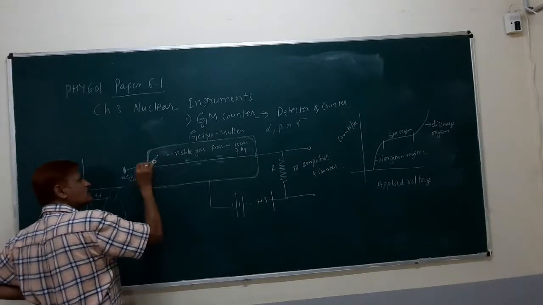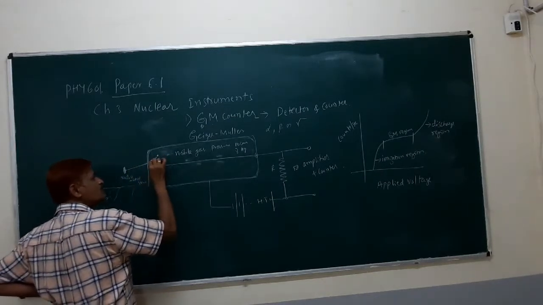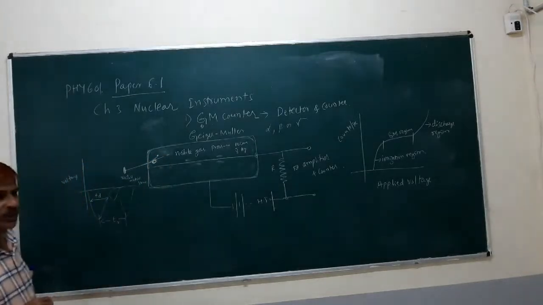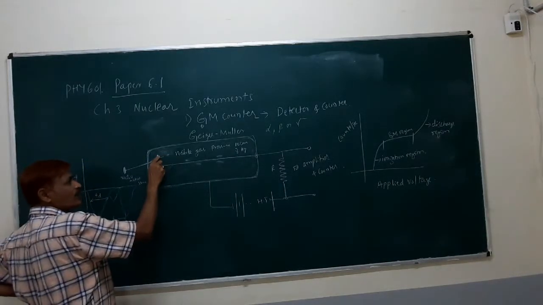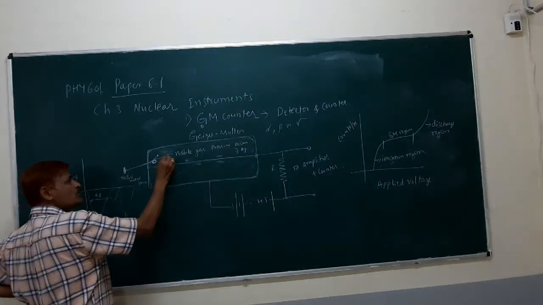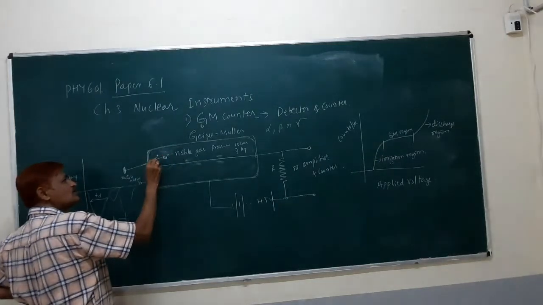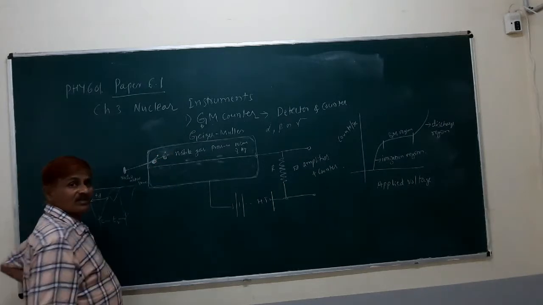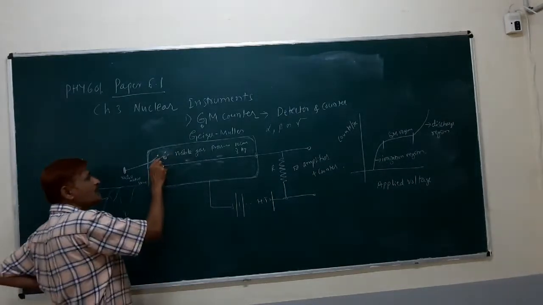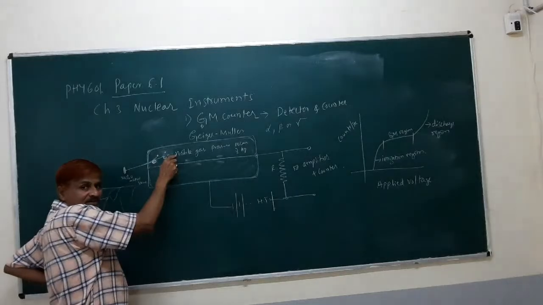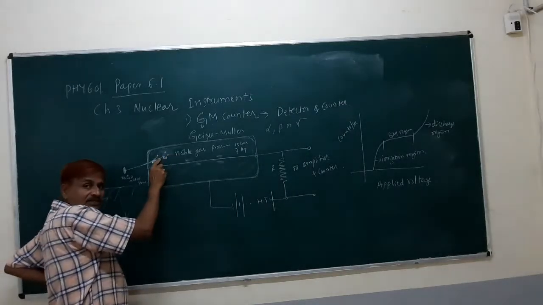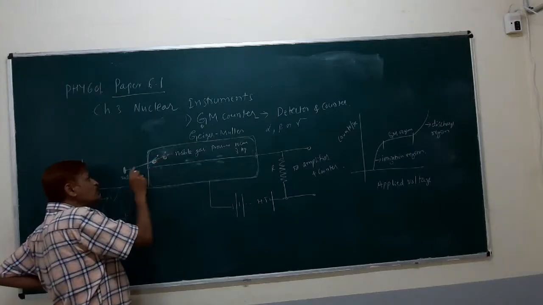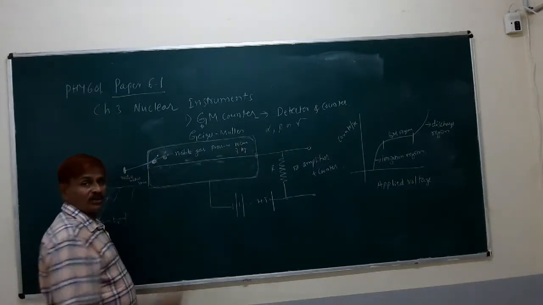Next, this radiation will go further, it spends some energy to produce this ion pair, and again it produces a positive ion and a negative electron. It continues till it has the capacity to ionize. Once it loses its capacity, it stops.